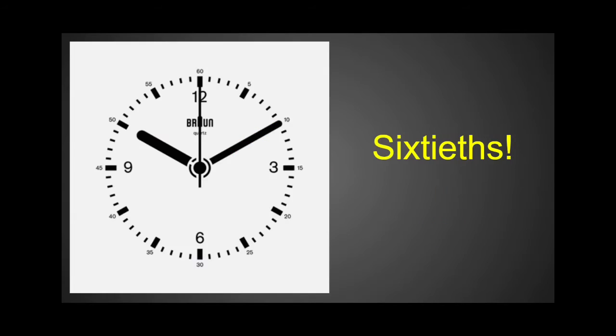We can divide it into 60ths. We can again use a clock to help us out, but instead of using the 12 main parts, or even the 12 hours in a clock, we can use the 60ths that help us to figure out how we can divide an hour into 60 minutes or a minute into 60 seconds.